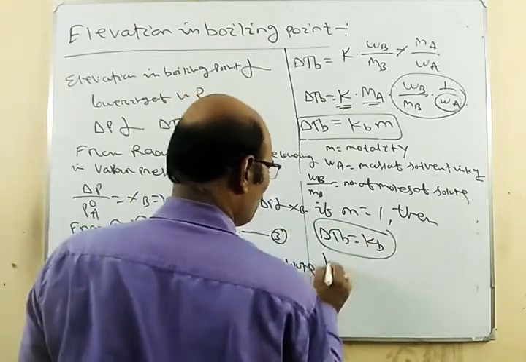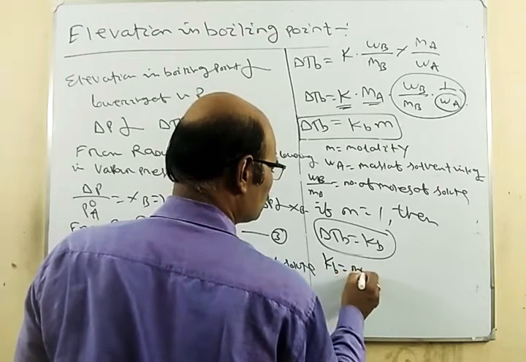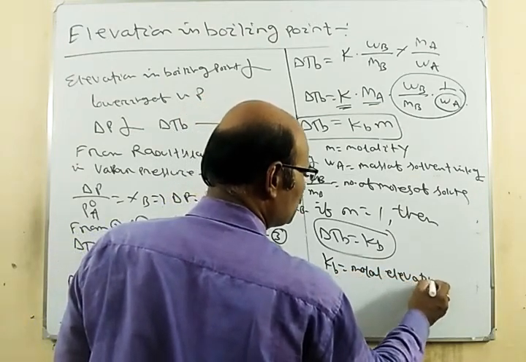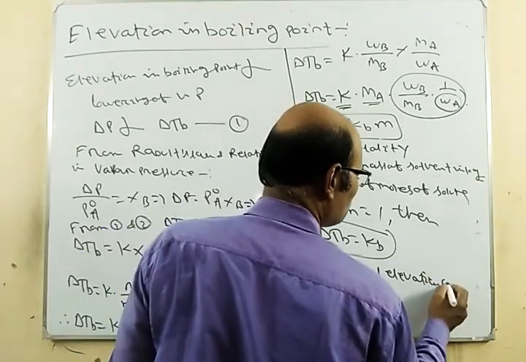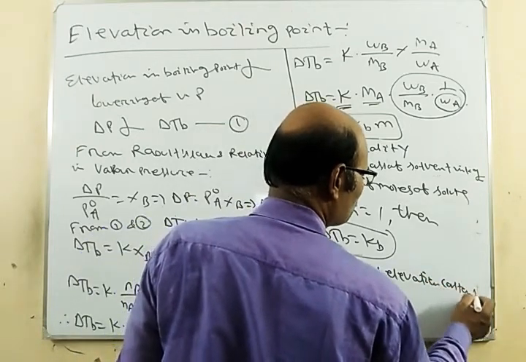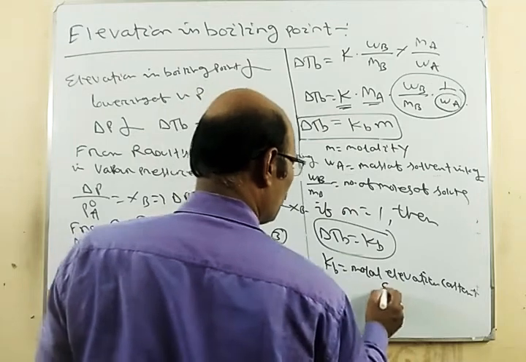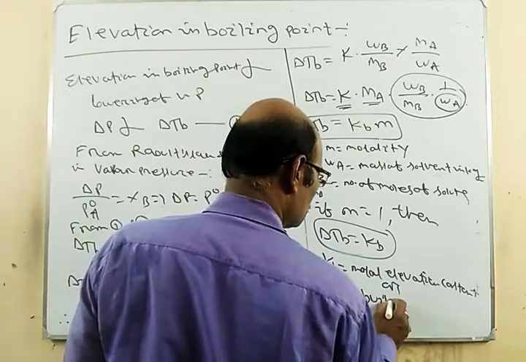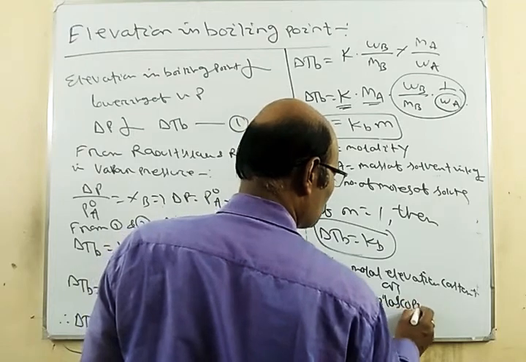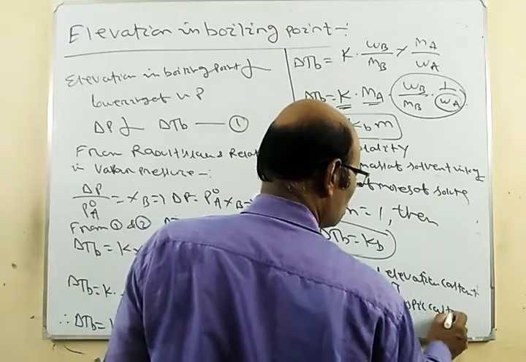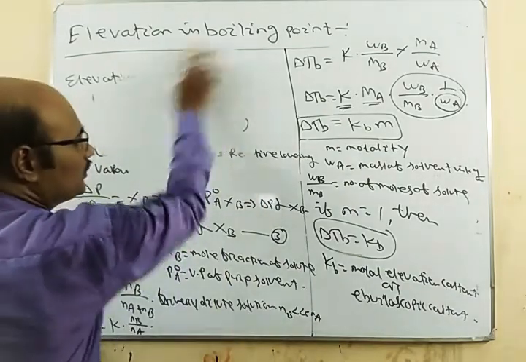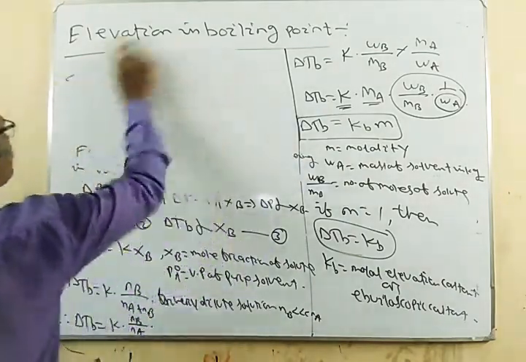Okay, so Kb is called the molar elevation constant, or the ebullioscopic constant. Okay, it is called the ebullioscopic constant.